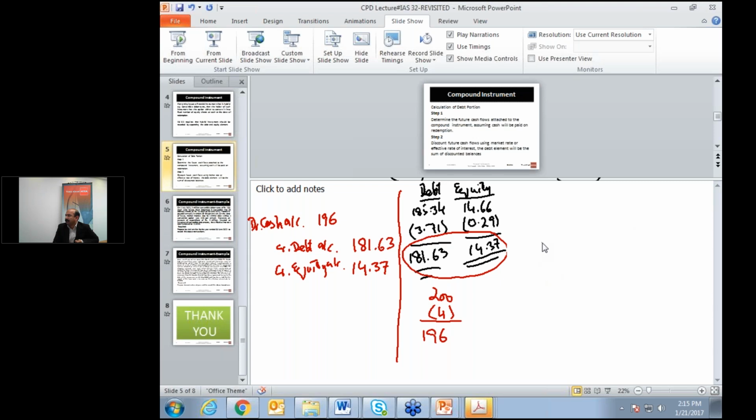Another method is, instead of going for this compound entry, you can make two separate entries.